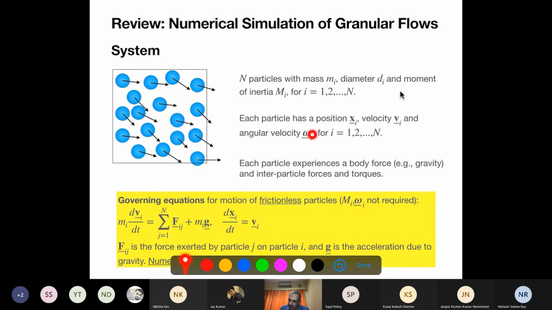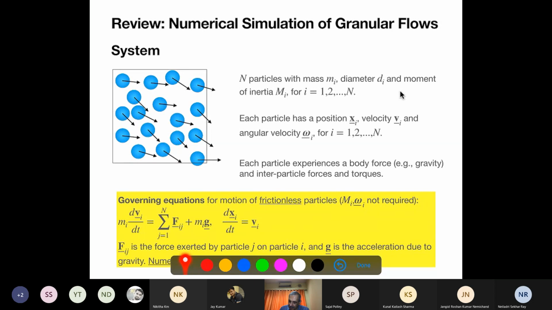So in this case, the angular velocity, the moment of inertia, and the torque are not required. And our governing equations are simply this. That is, mass times acceleration is the sum of the interparticle forces plus the gravity force. And the rate of change of position of a particle is just equal to its velocity.